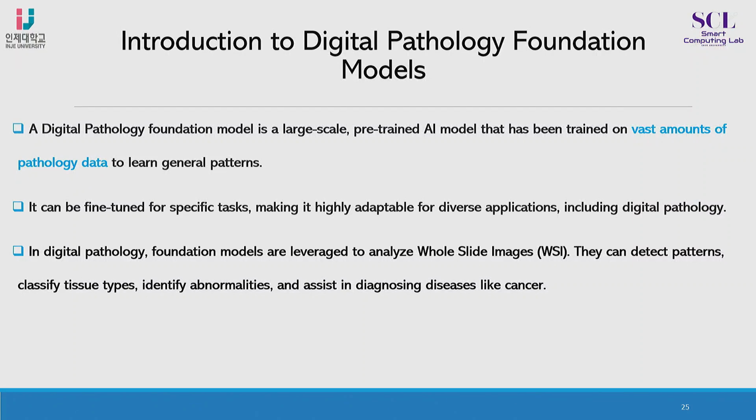If we use a domain specific foundation model, the accuracy and the performance will be enhanced. So therefore we aim to use a pathology based foundation model in our research, and we applied it in our scenario, and we got the results.